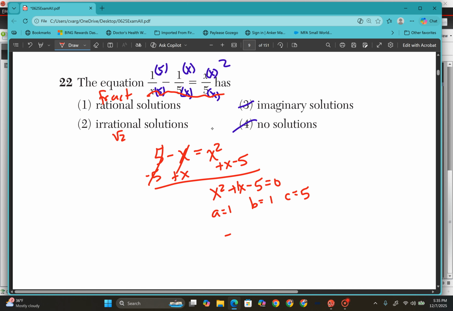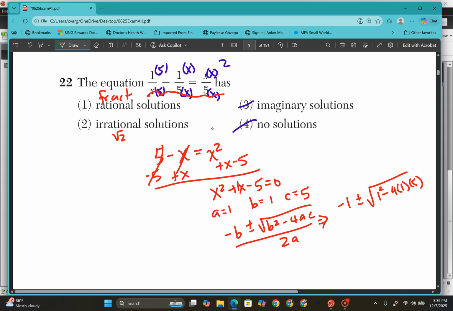So negative B plus or minus the square root of B squared minus 4AC, all over 2A. Let's go ahead and do that. So negative 1 plus or minus the square root of B squared minus 4 times A times C, all over 2A, or 2 times 1.